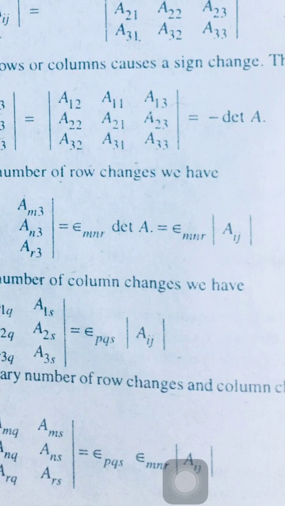So we can write, in place of the minus sign, because we are taking arbitrary times, epsilon MNR determinant A. In case it is an even permutation, then this becomes positive, or in case it is an odd permutation, it is minus. So 1, 3, 5, 7 changes continuous in row, we have a negative sign. But in case of 2, 4, 6 changes, it becomes an even permutation, so it is positive.